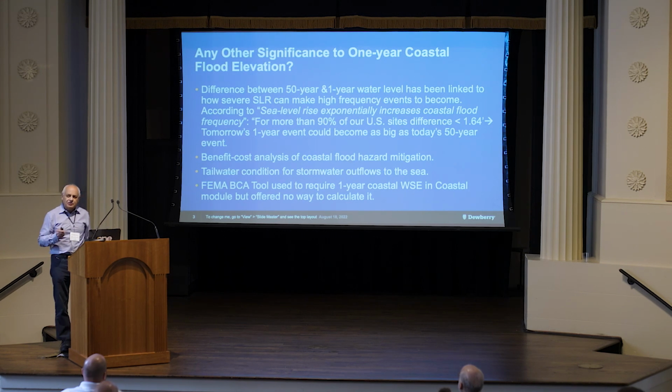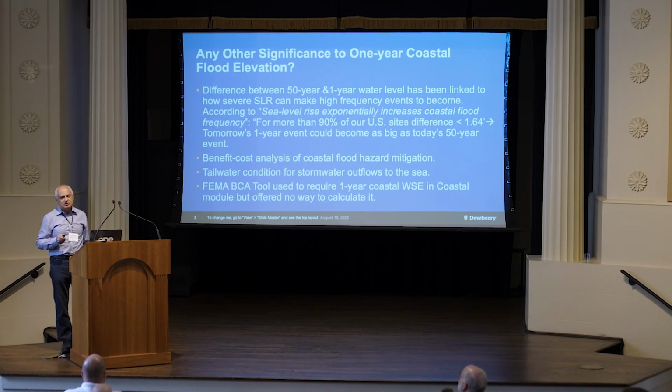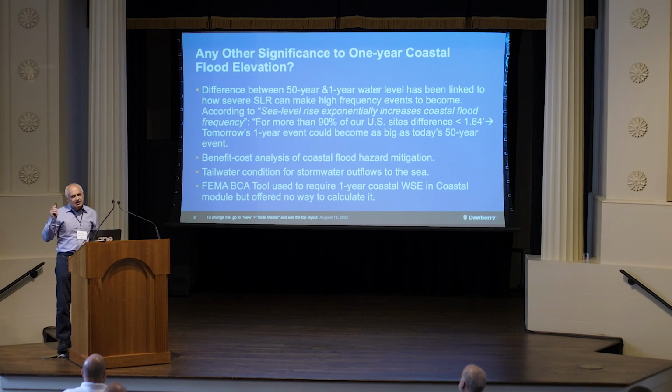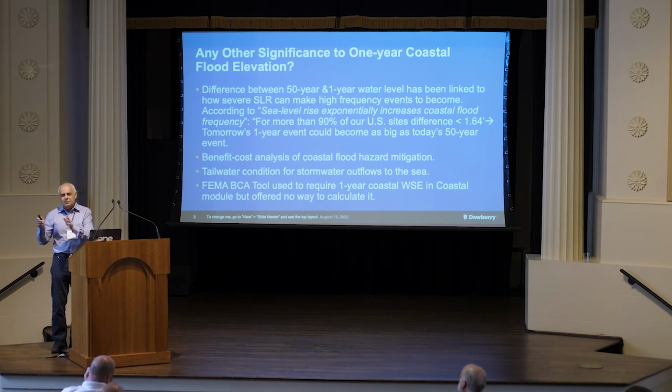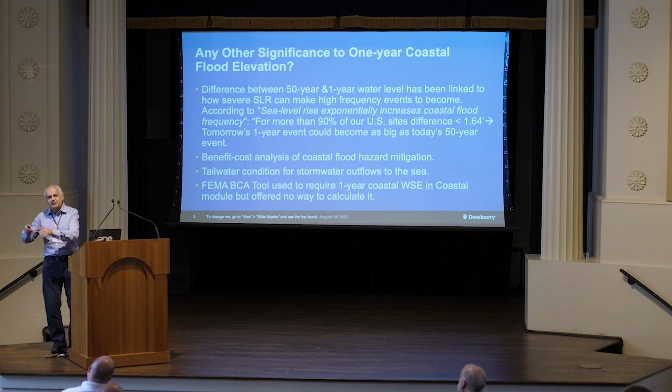Now, it has other significance because, for example, previous studies tried to tie the difference between the 50-year coastal flood and the 1-year coastal flood to how severe climate change will make the future conditions to be.